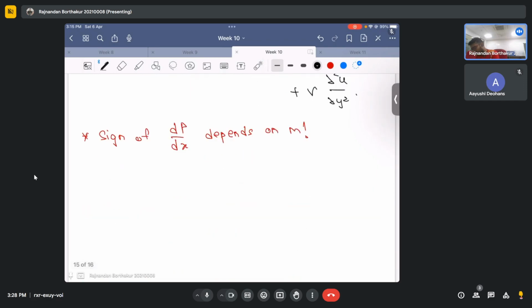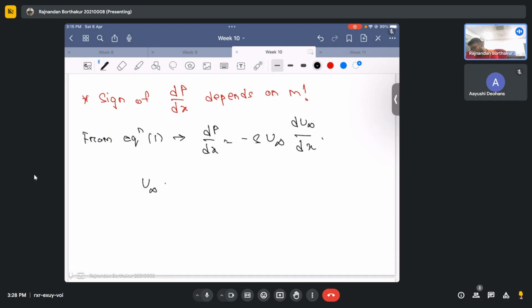So what we saw from equation 1 is that dp/dx is basically equal to minus rho times u infinity times du infinity by dx. And I know u infinity bears the signature of that profile, c times x to the power m, which means if I evaluate du infinity by dx, I would get c m times x to the power m minus 1.